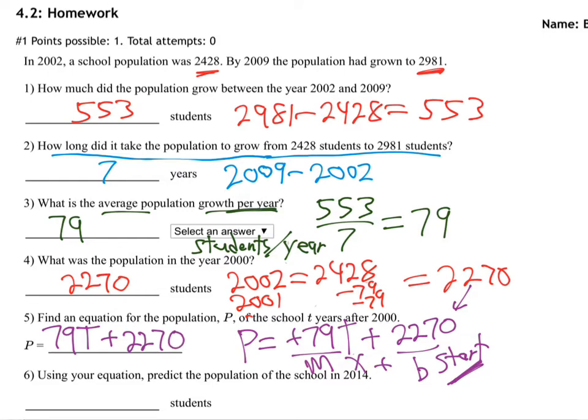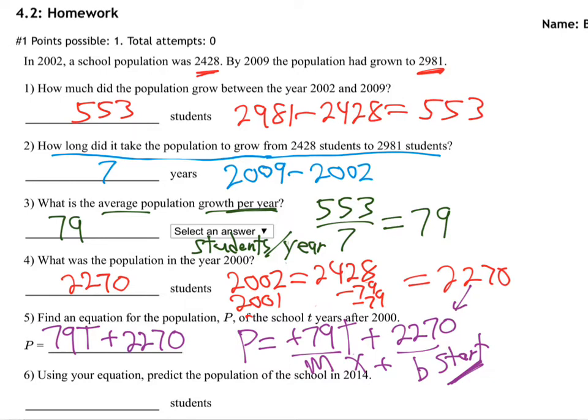Now they want us to use it. Using your equation, predict the population in 2014. So how can we use that little handy formula to predict the population in the year 2014? What am I going to do? Going to plug in. What number am I going to plug in? 14. To the P or the T?